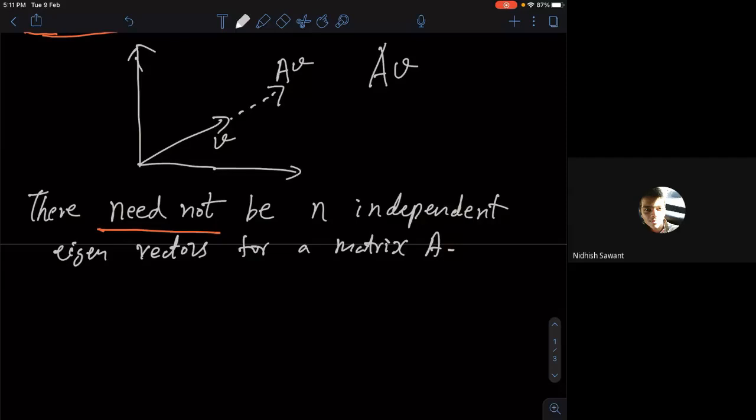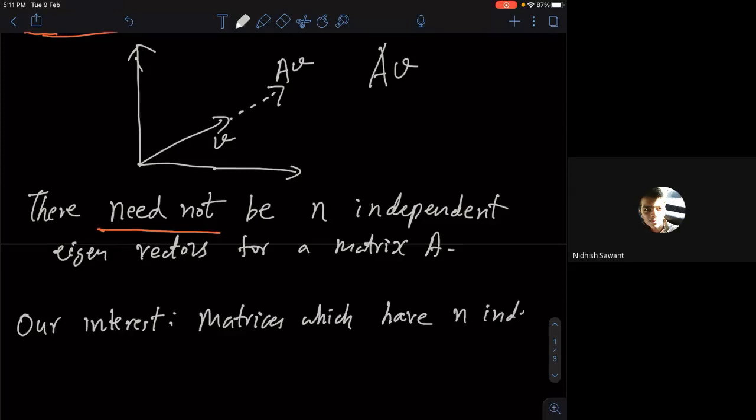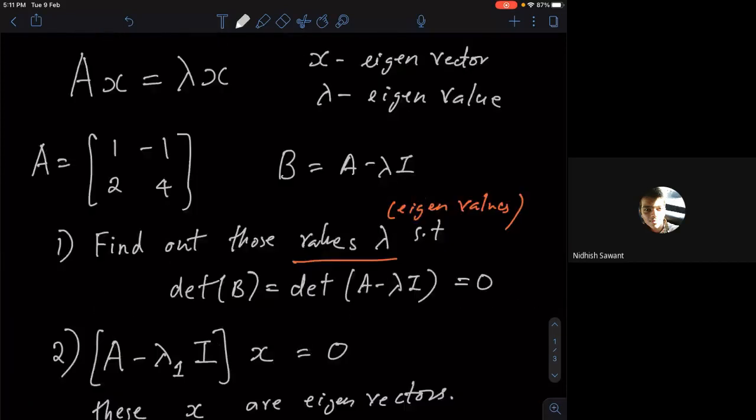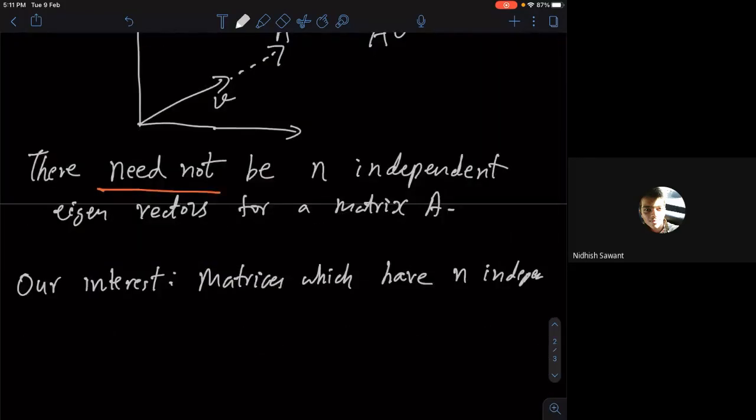We are interested in non-degenerate matrices, which have n independent eigenvectors.